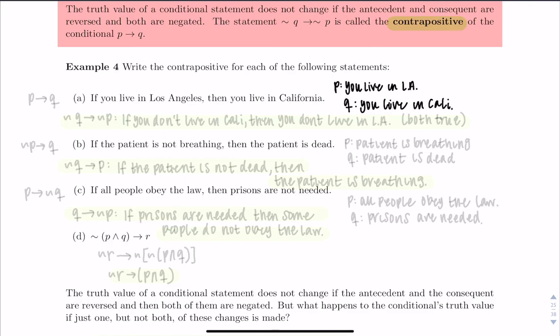And so the original statement they're giving us is if P, then Q. And so to find the contrapositive, we flip the letters and we negate both of them. So if not Q, then not P. So in words, that would be if you don't live in Cali, then you don't live in LA.